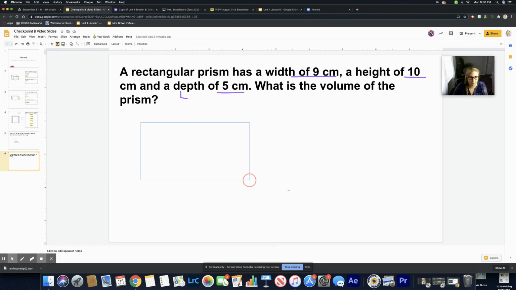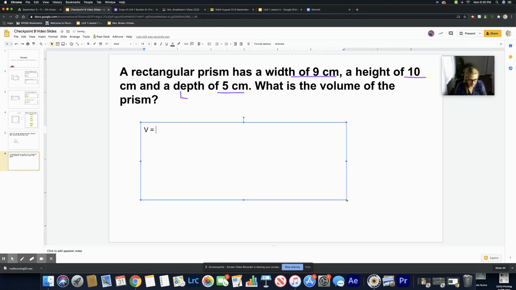So I know the formula for volume is length times width times height. So volume equals length, we're going to say 5, times a width of 9 times a height of 10. So volume equals, I need to figure out what 5 times 9 is. Well, I know 5 times 9 is 45 because of my math facts, times 10.